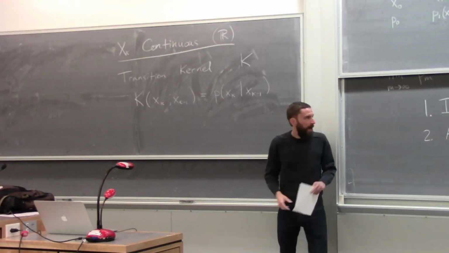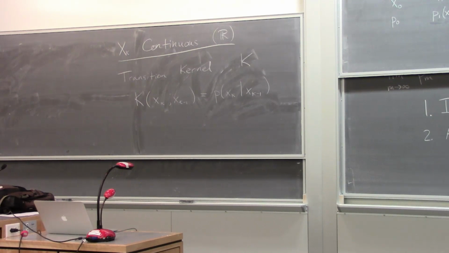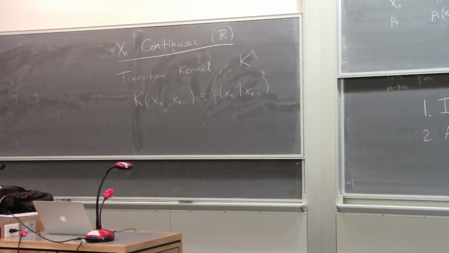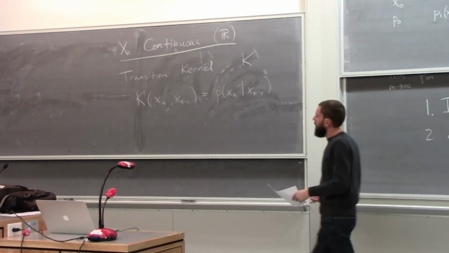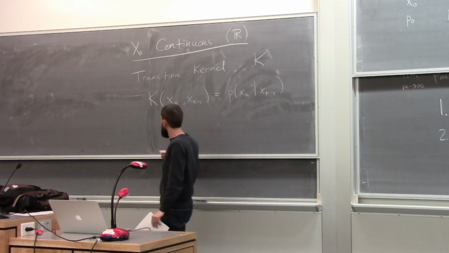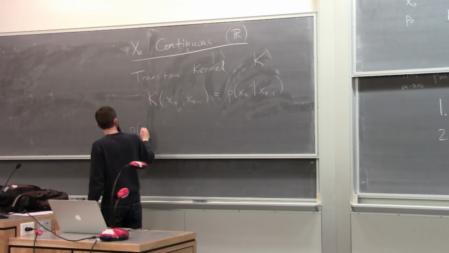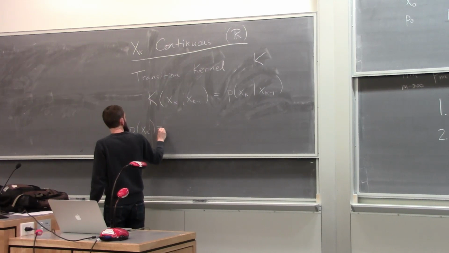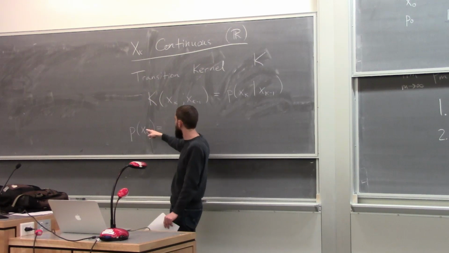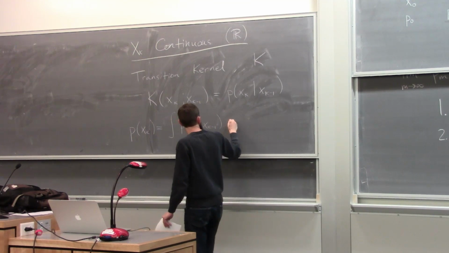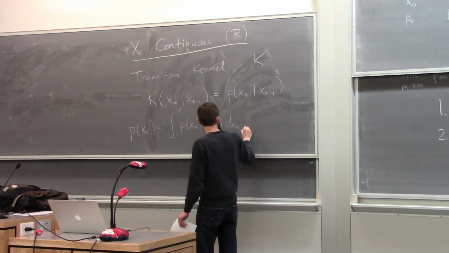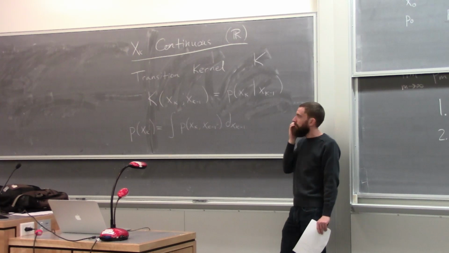And now, how do I transition? Over here, I transition from k minus 1 to k by a matrix multiplication. Of course, I don't have matrix multiplication in this case, but what we're going to do is use the usual probability rule: p of x_k is just the marginal of the joint distribution of x_k and x_{k-1}, integrated over x_{k-1}.